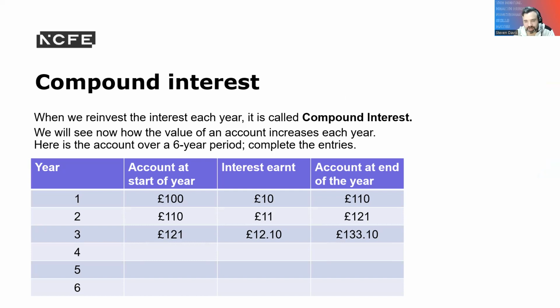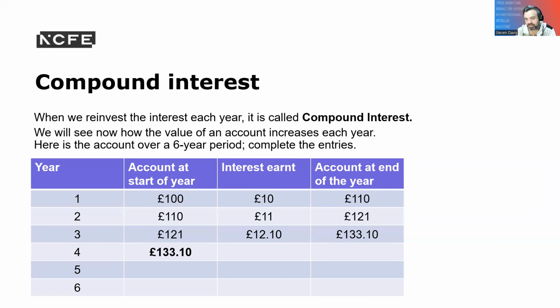So if you look at this table, we can reinvest each year. It's called compound interest. We will now see how the value of your account increases year on year. Here's an account over the 6-year period. So in year 4, it goes up to 133.10.